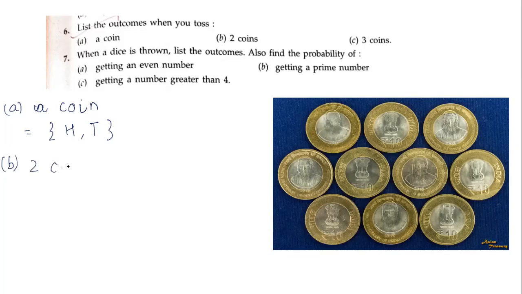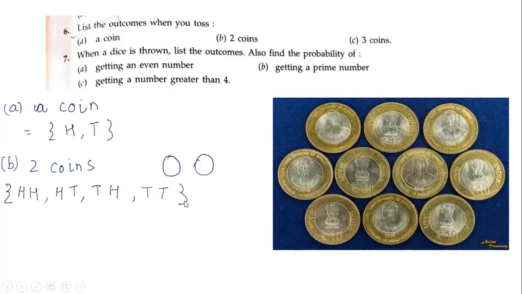2 कॉइन्स को टॉस करेंगे तो देखिए 1 2 कॉइन्स हैं, आपके पास किस वे में आ सकते हैं? एक पे हेड आ सकता है, एक पे टेल आ सकता है, दोनों में हेड आ सकता है और दोनों में टेल आ सकता है। तो यही हम लिखने वाले हैं। हेड हेड, ये दोनों पे हेड है, एक पे हेड है एक पे टेल है, मतलब फर्स्ट पे हेड है सेकंड पे टेल है। We can also get फर्स्ट पे टेल है और सेकंड पे हेड है। थर्ड इज दोनों में टेल है। इसके अलावा कोई और पॉसिबल सिचुएशन हो सकती है?